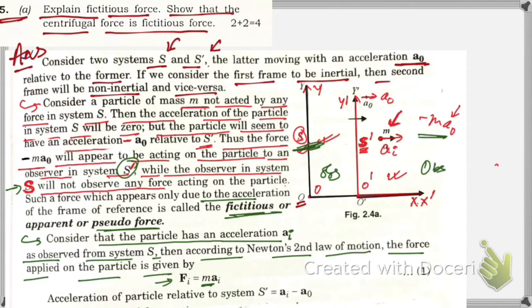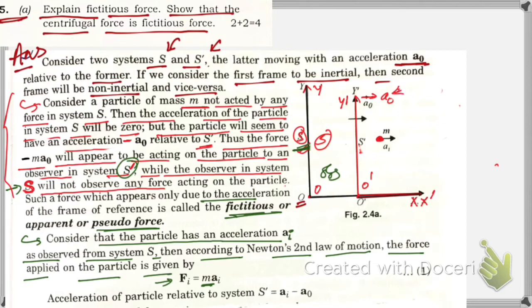So initially, in the above explanation, we have considered that this particle is at rest relative to this system S. But it has an acceleration due to the motion of the other frame, that is S dash. It has an acceleration minus a naught.